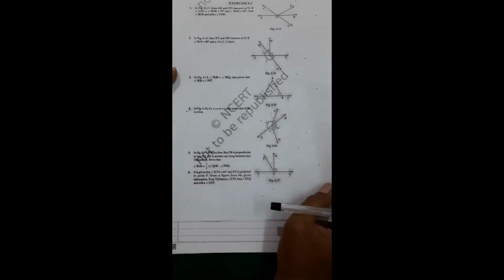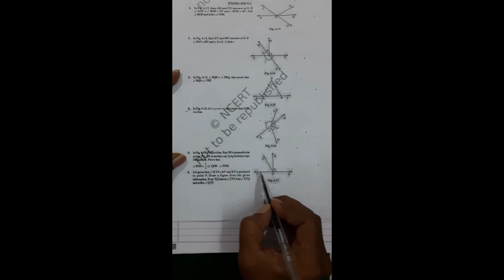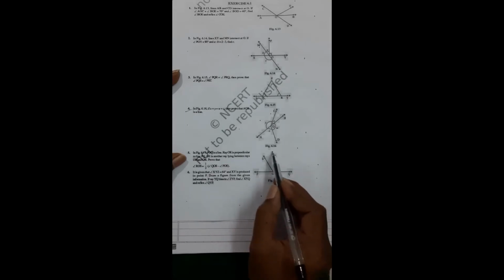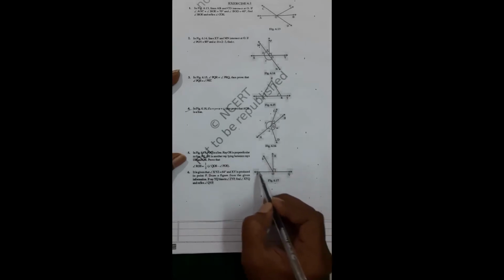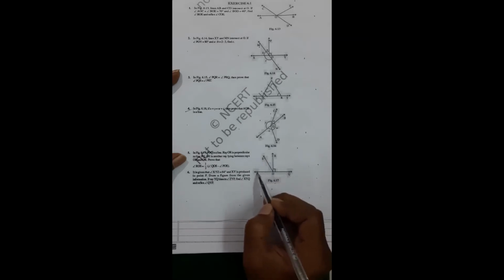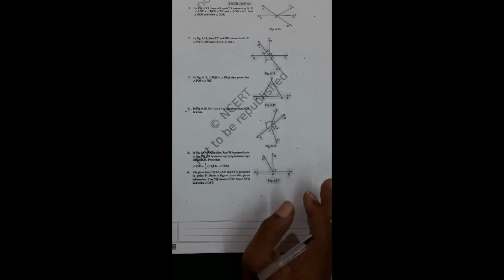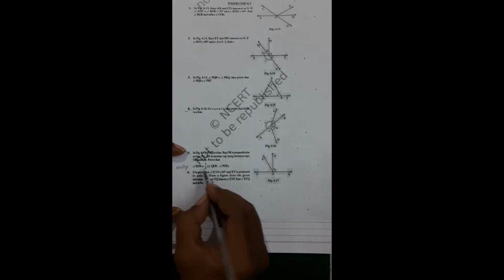In question number 5, they are asking us to see this figure given to us. POQ is a line, ray OR is perpendicular to line PQ. OS is another ray lying between rays OP and OR. Prove. See whatever you have to prove. This is another technique, my dear students, when we have to solve questions that are based on proving something is equal to something.